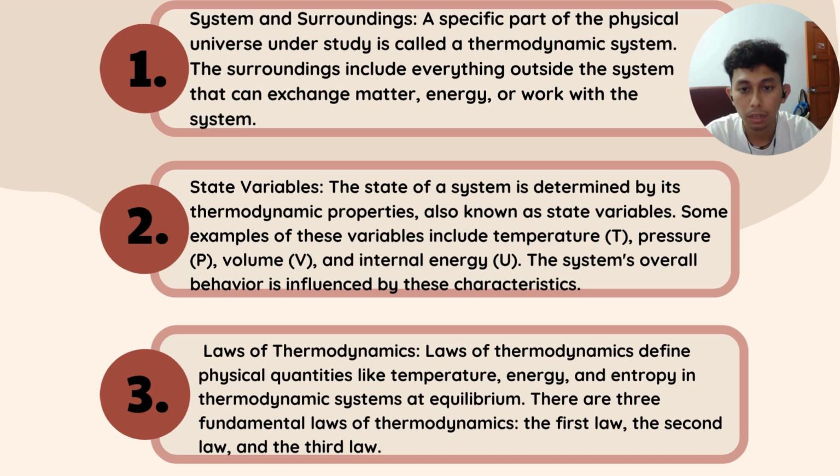And number three, laws of thermodynamics. The laws of thermodynamics define physical quantities like temperature, energy, and entropy in thermodynamic systems at equilibrium. There are three fundamental laws of thermodynamics: the first law, the second law, and the third law.